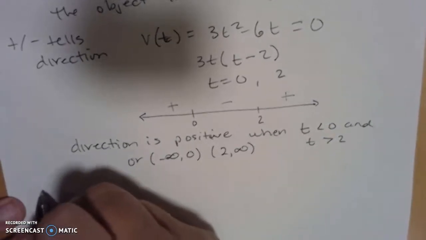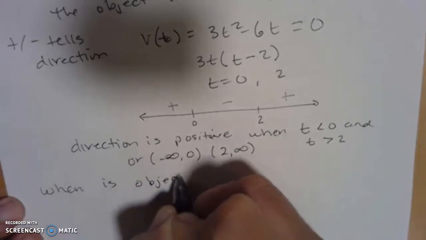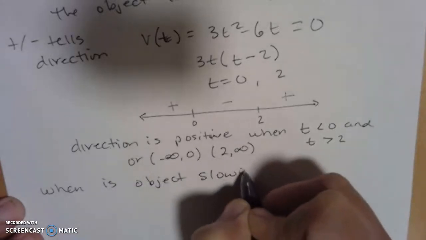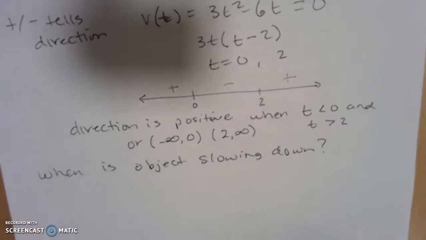But what if I want to know when the object is slowing down? That's actually talking about acceleration. Acceleration happens when you're either speeding up or slowing down. Like, I can accelerate or decelerate, right?